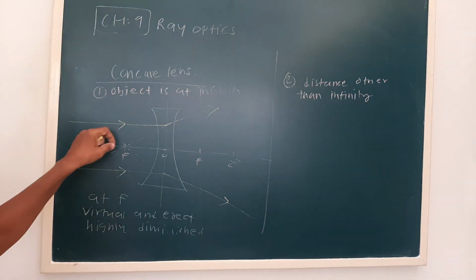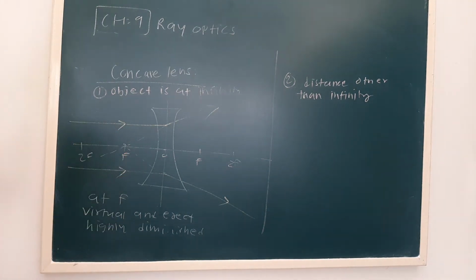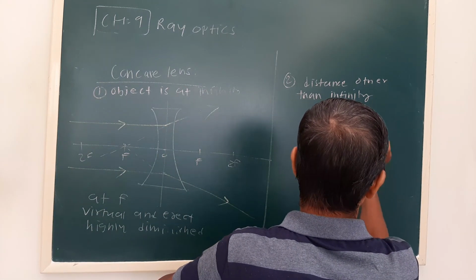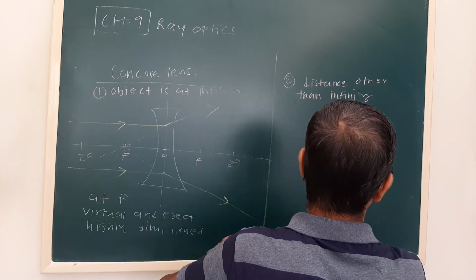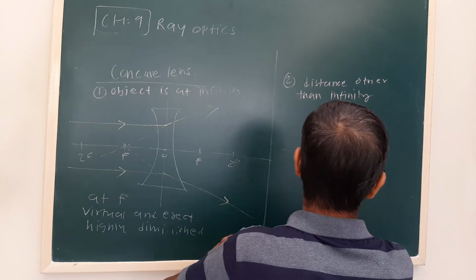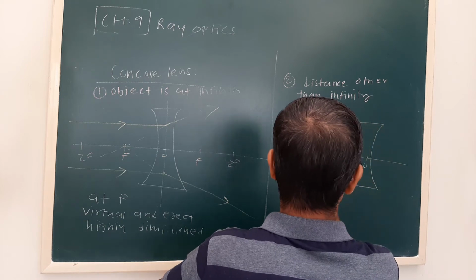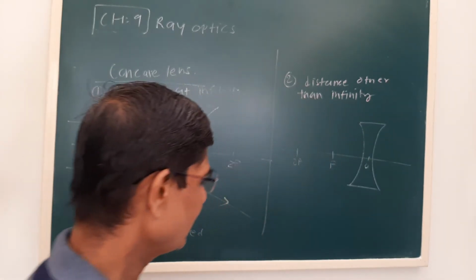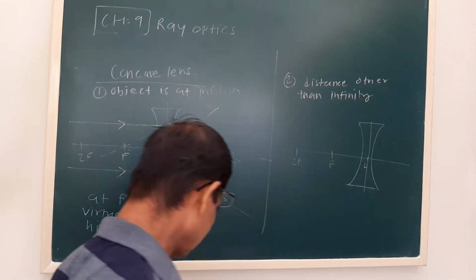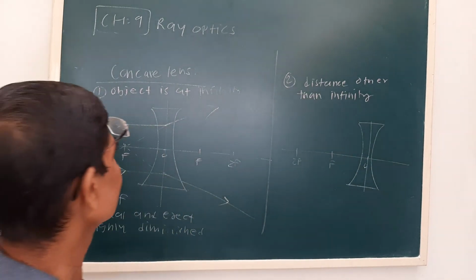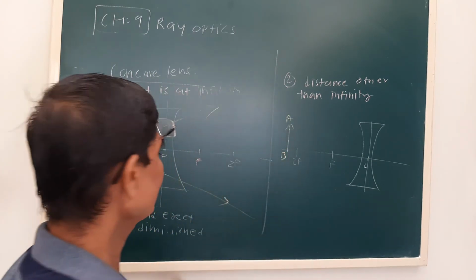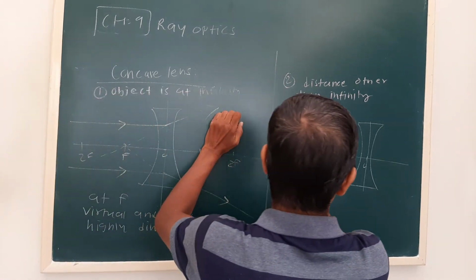Now let us see how the image is formed when the object is at a distance other than infinity. Let us say the object is AB. Now see how we draw the ray diagram.